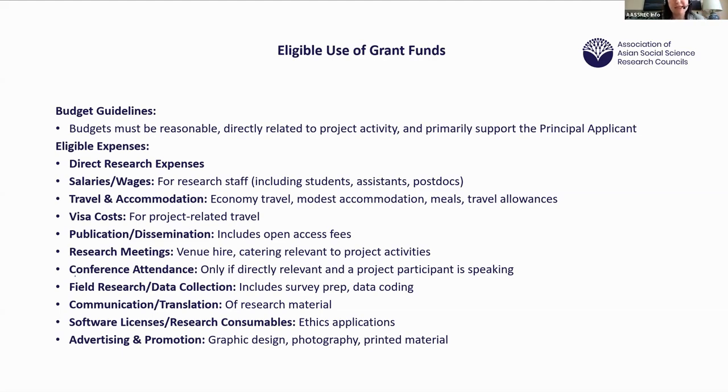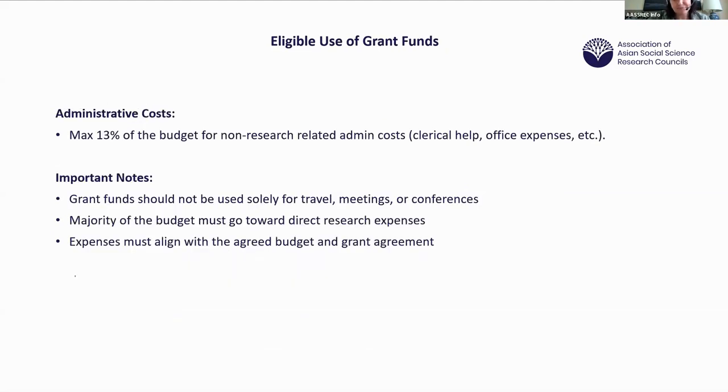Conference attendance is okay, so long as that conference is directly relevant to the project, or perhaps a project participant is speaking at that conference in relation to the project. Of course, any field research or data collection expenses are eligible, same as communication and translation, software licenses, and so forth. But all of this information is outlined in the grant guidelines.